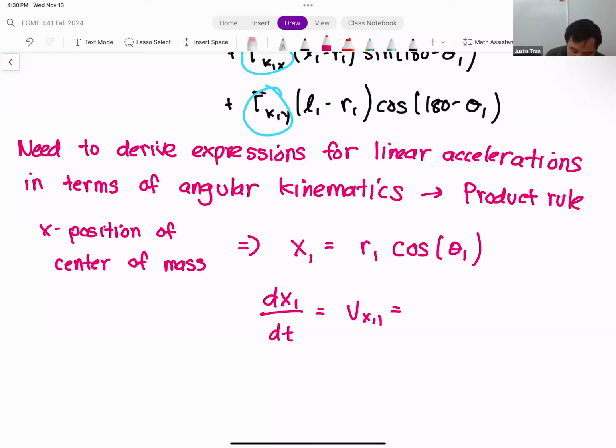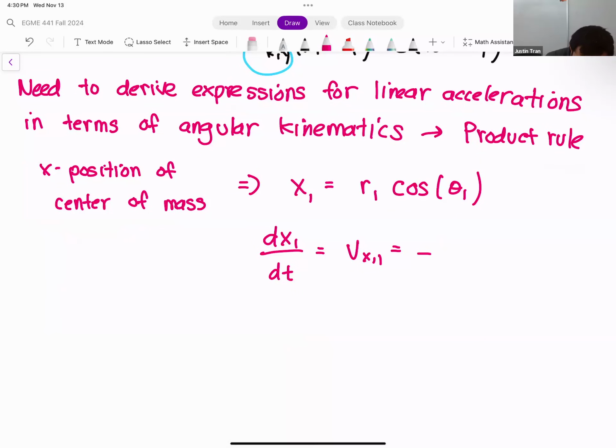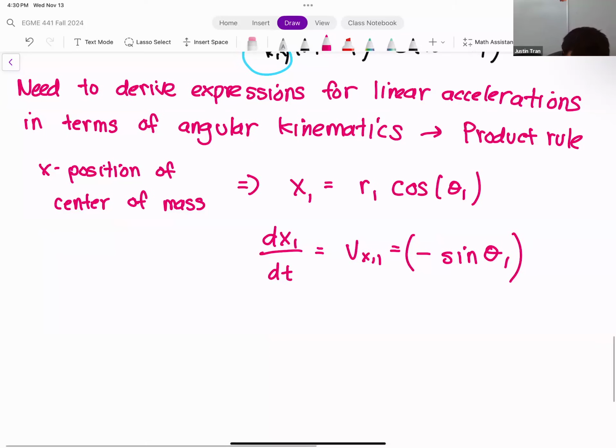Okay. Now you need to do a little bit of chain rule. So first thing you're going to multiply here is the derivative of cosine of x. Okay. And so that's going to be a minus sine of theta1. Okay. I forgot the R1 here. Let me put the R1 in there.